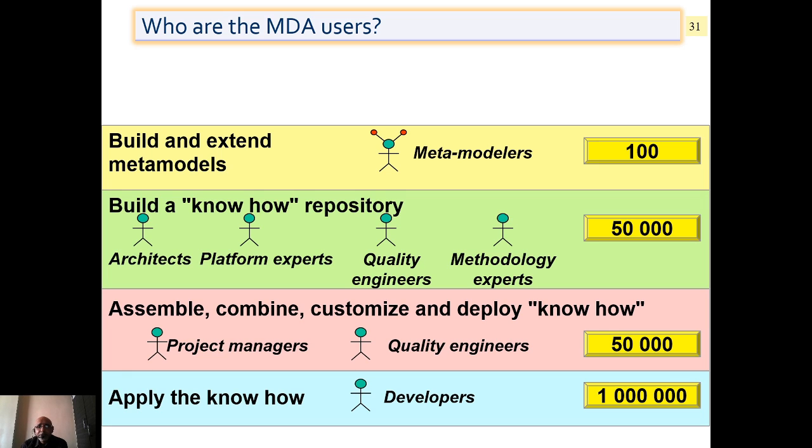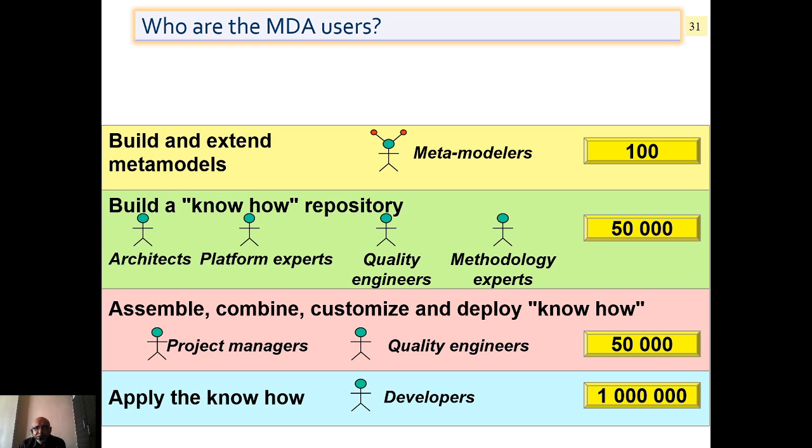Going next, just see, if there are 1 lakh developers, then there will be, let us say, project managers, quality engineers, maybe 50,000, that is, architects, platform experts, they may be there. Wrongly, one more zero has to be deleted, 5,000 could be the figure.